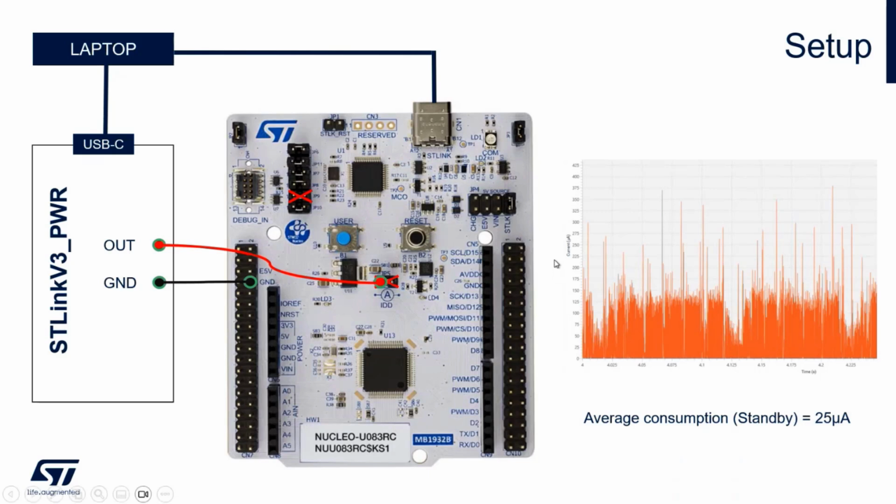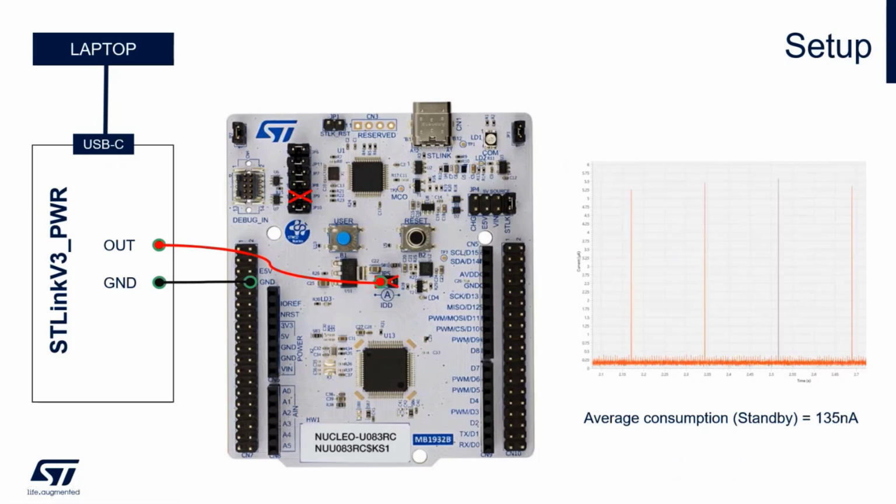The workaround we will use in this workshop is simply to unplug the USB-C cable when you measure the consumption. By doing this, you will have only one ground reference on the board, the one from the STLink V3 power, and you will have the real standby consumption, near 135 nanoamps. So normally all is good.